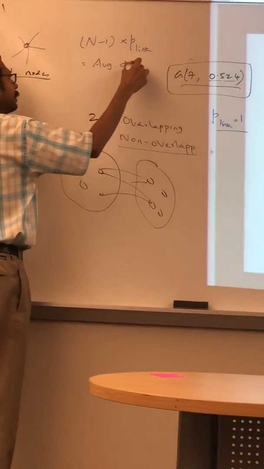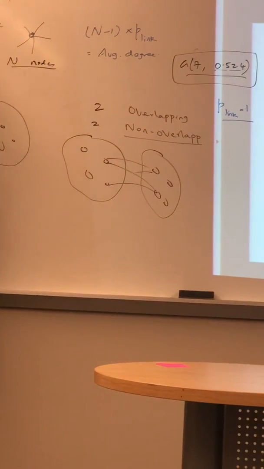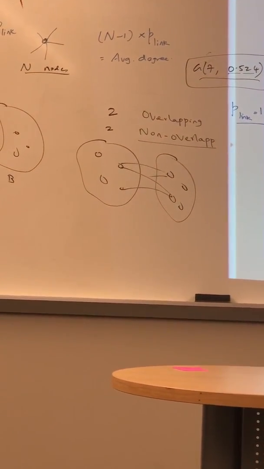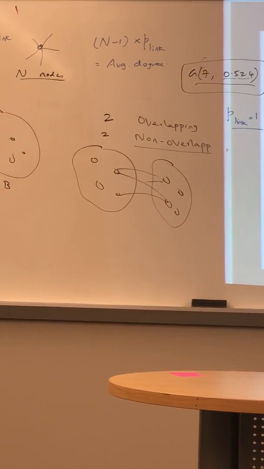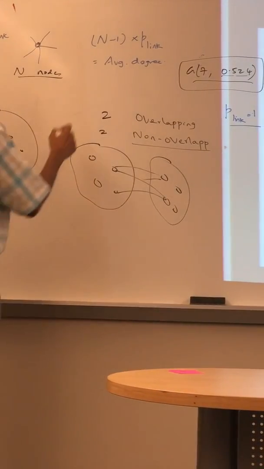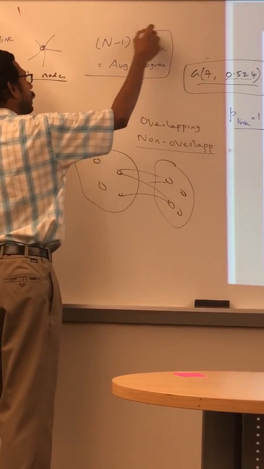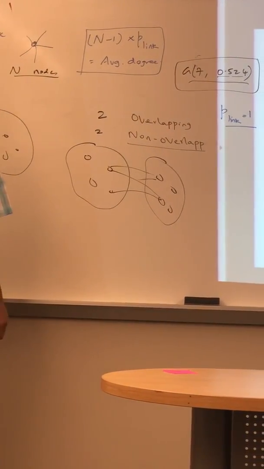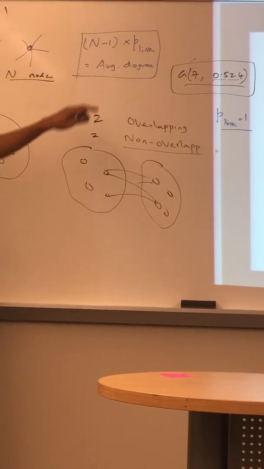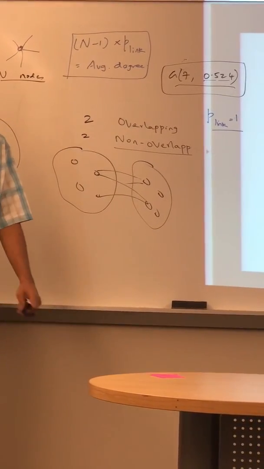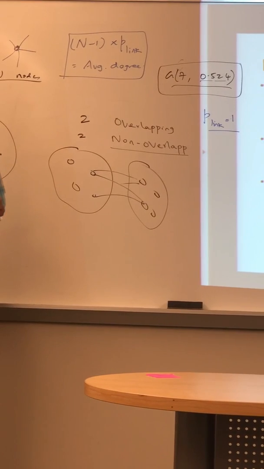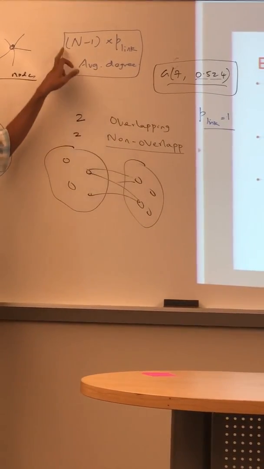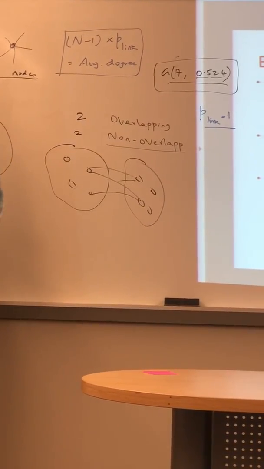From statistics, the average of something can also be called the expected value. So this is the simple formula for the average degree according to the ER model. If there is only a probability for a link between any two nodes, then the average degree can be theoretically estimated as n minus 1 times p link.